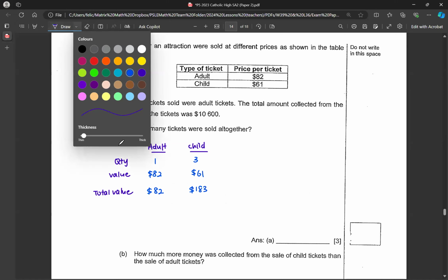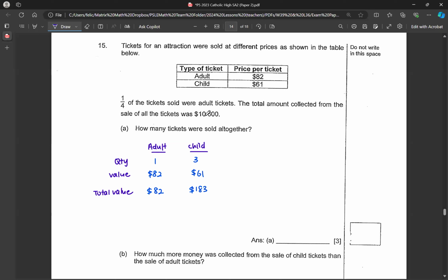Now let's look back at the $10,600. This is the total amount collected for all the tickets. Which also means, looking at one group, I should find out how much I am collecting per group first. Amount collected in one group means looking at the $82 plus the $183.